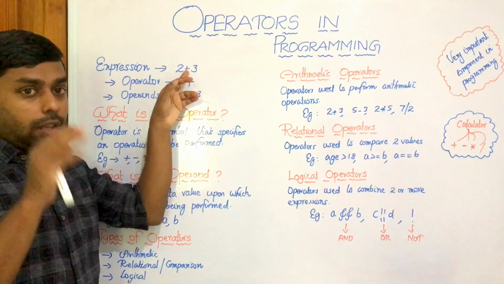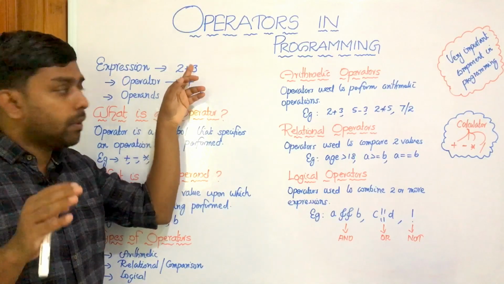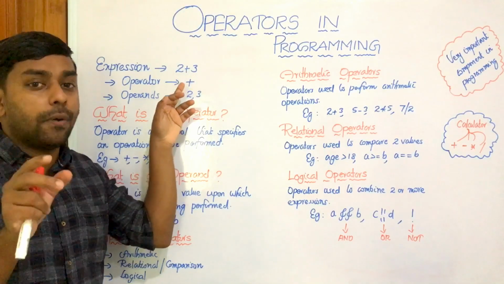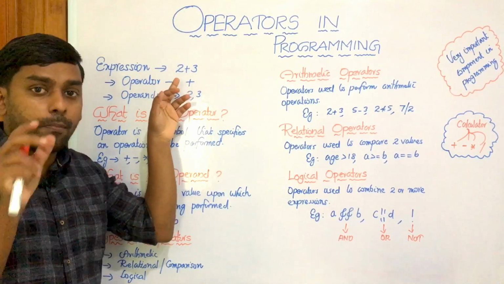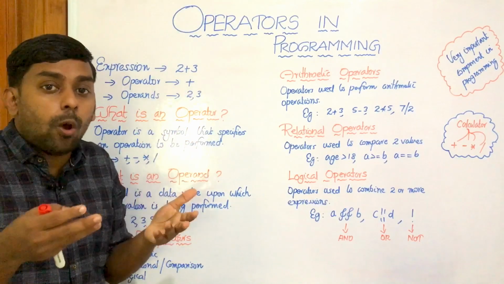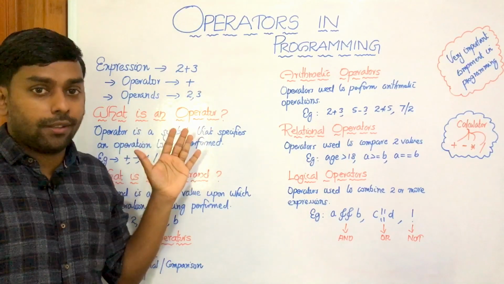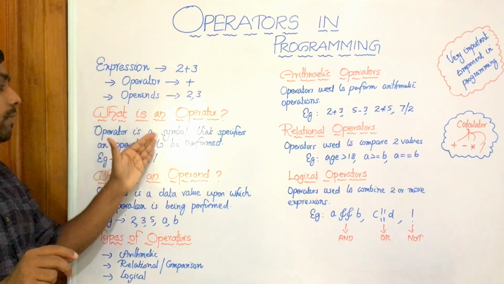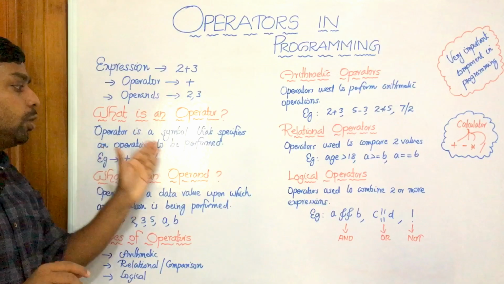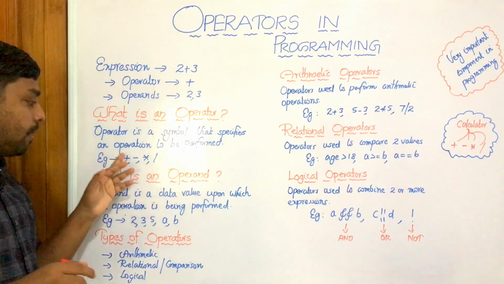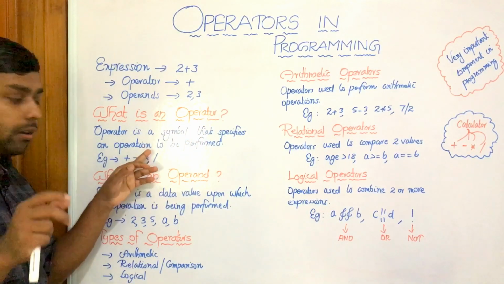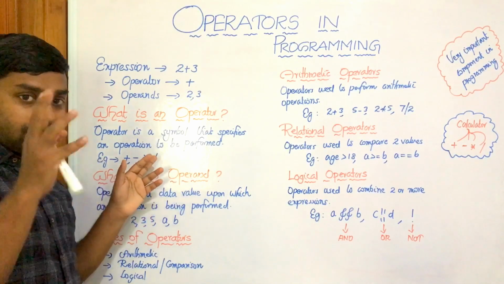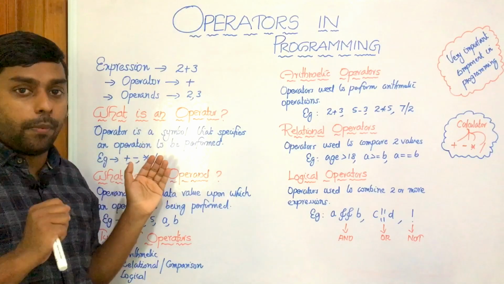In our case 2 plus 3, plus specifies that the arithmetic operation addition is to be performed, right? So that's the formal definition of operator. These are some of the symbols: plus, minus, into, that is star or asterisk, then division, slash. These are some of the arithmetic operators.